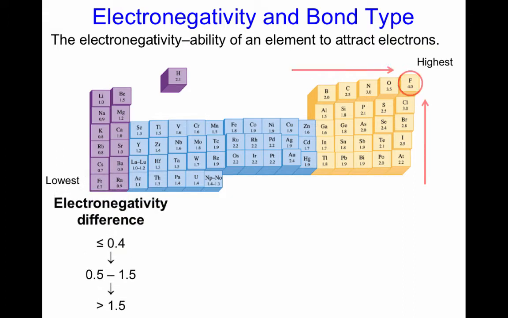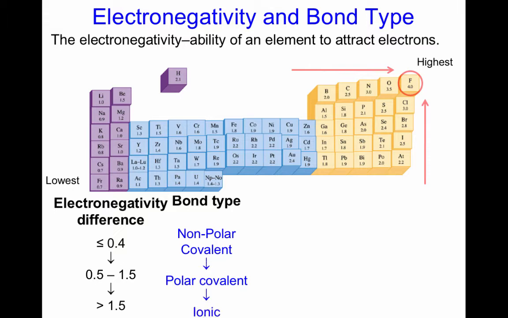The general trend is that if you have an electronegativity difference of less than 0.4, then you have what's called a non-polar covalent molecule. If you have a difference of 0.5 to 1.5, that's going to be a polar covalent molecule. And if you have a difference of greater than 1.5, it's going to be an ionic bond.